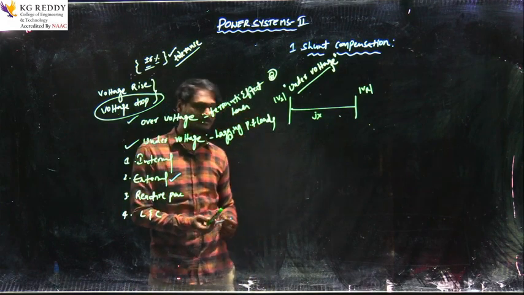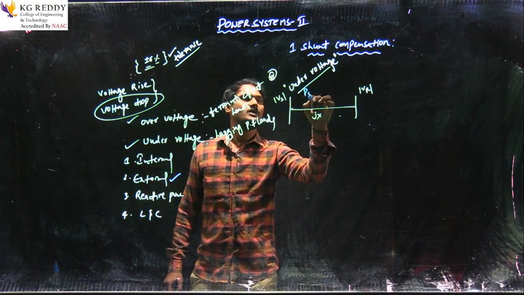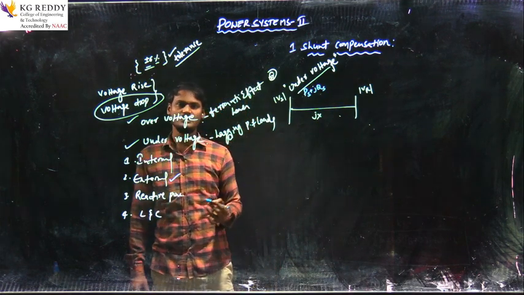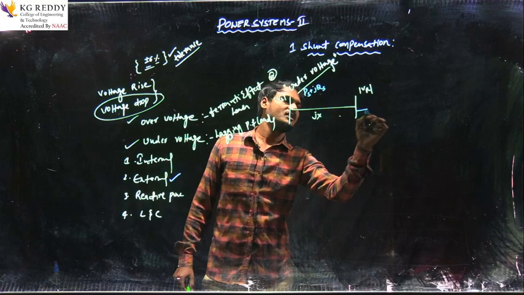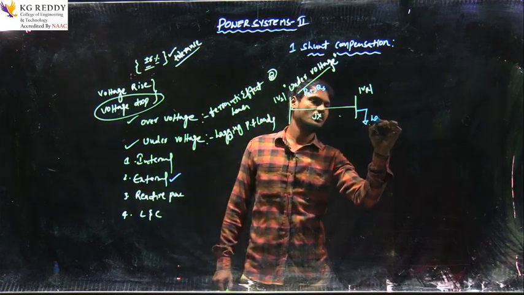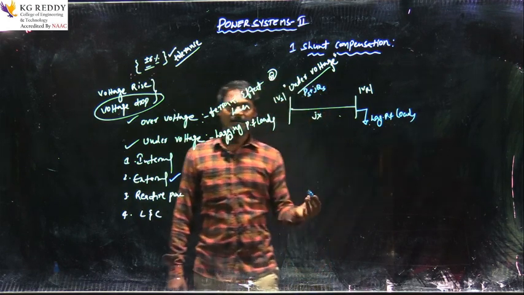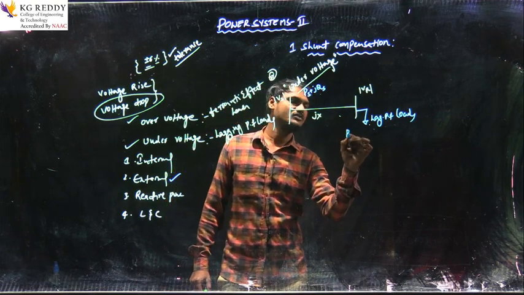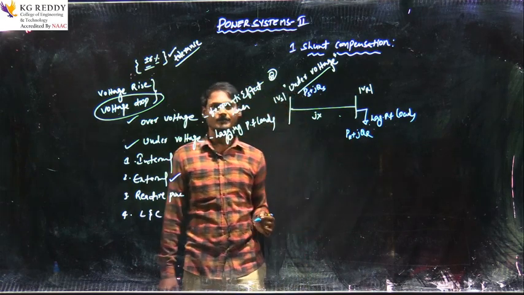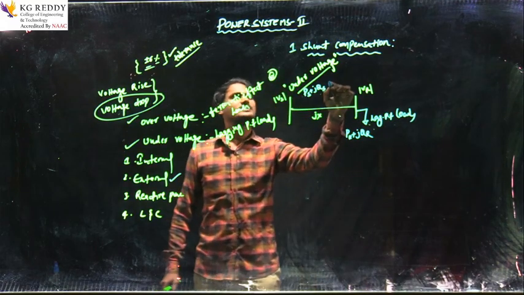In addition we take the power value, active plus reactive power, PS plus jQS, and we keep one load at the receiving end, a lagging power factor load, which similarly has some active and reactive power, PR plus jQR. This is the general representation of the transmission system without a capacitor.